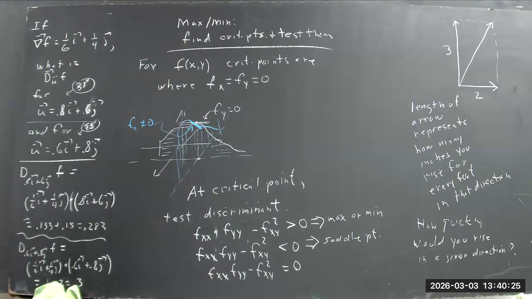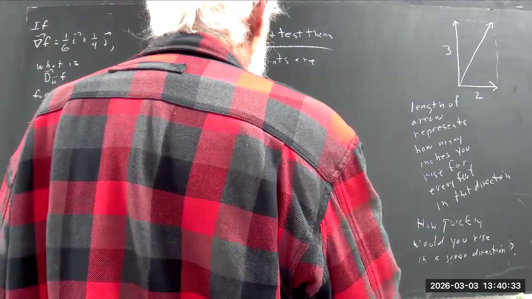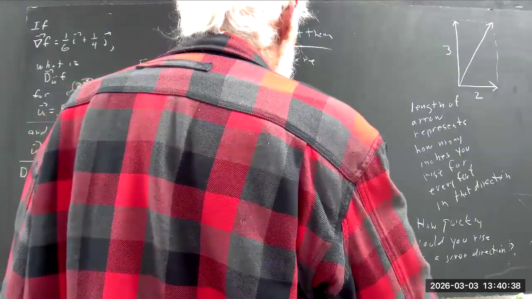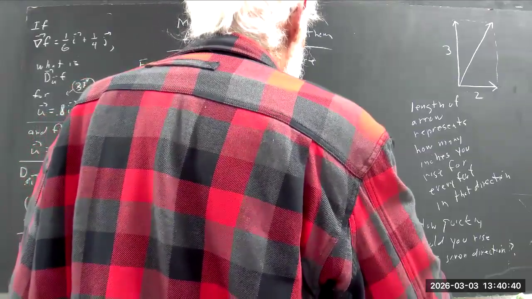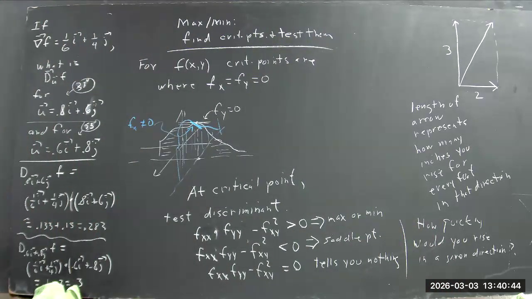What if this thing is equal to zero? That can happen. It tells you nothing, and you better figure out something else, depending on the situation.